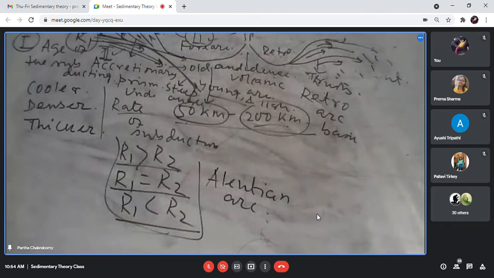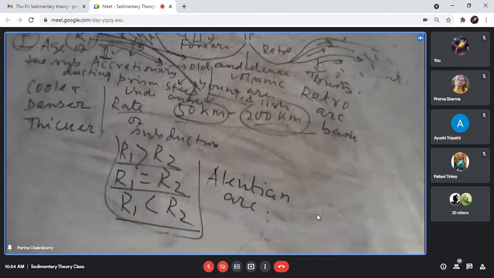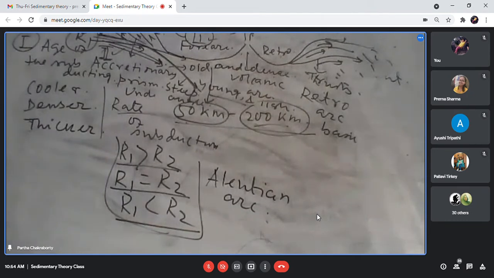Okay, anyone can tell me how the slab goes, but that the slab is going inside, how we come to know that? That there is a subduction and the plate is going down, how we come to know that?